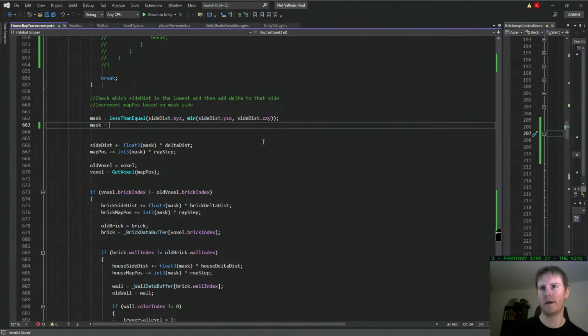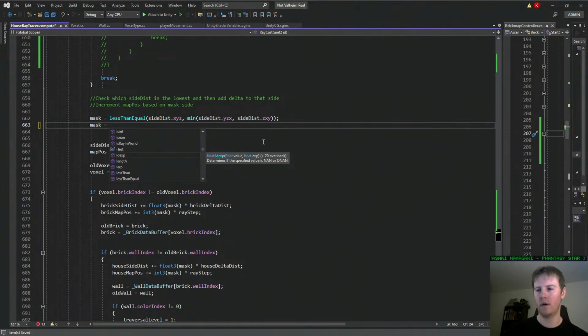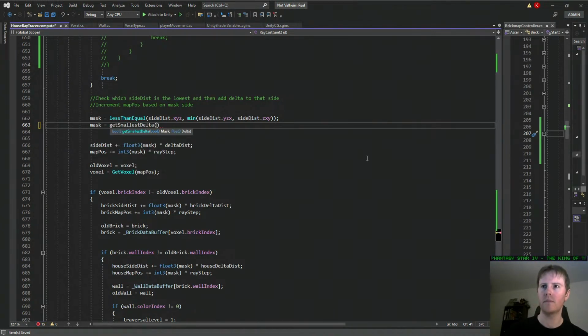And now mask has to be, mask equals, what did I call it? GetSmallestDelta, mask, delta, this.